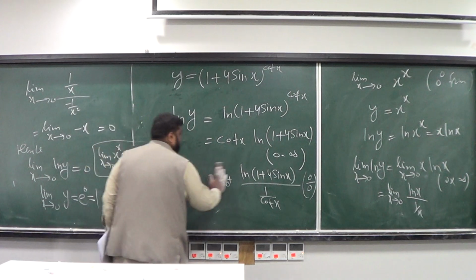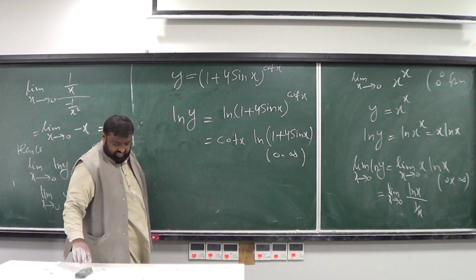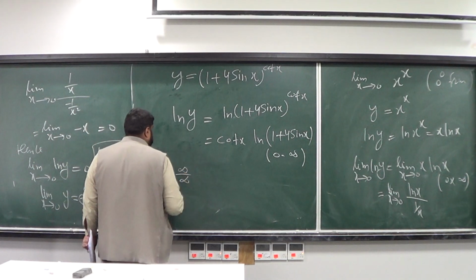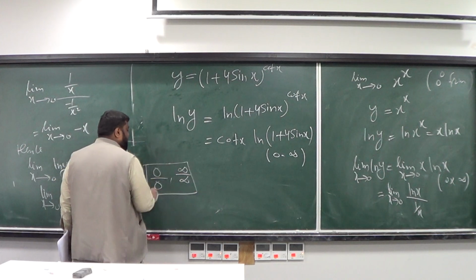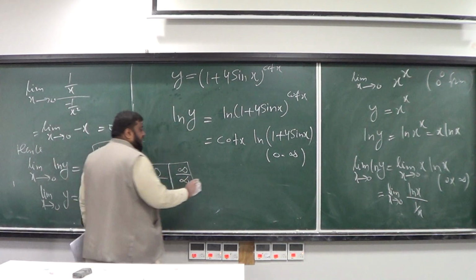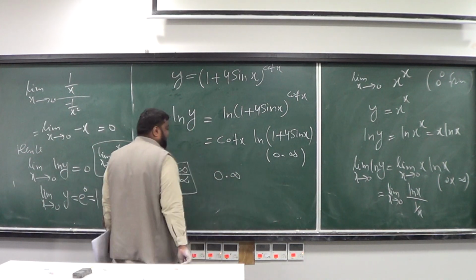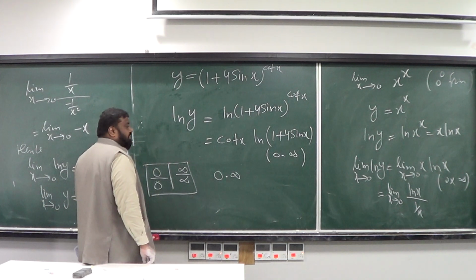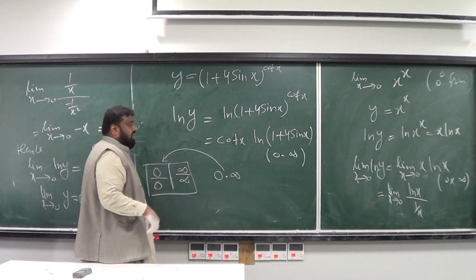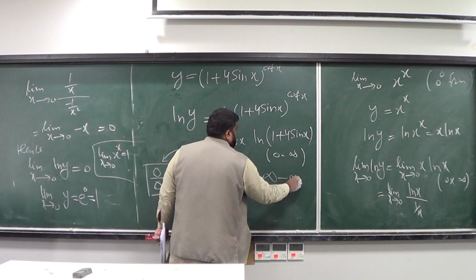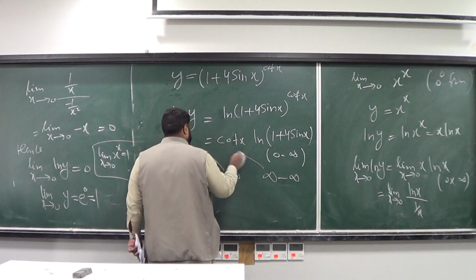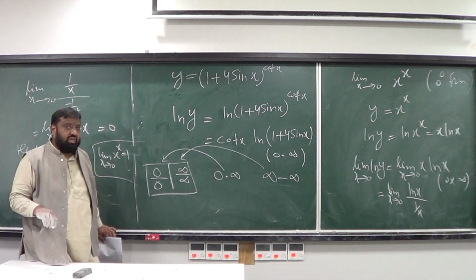So if I summarize, there are two basic forms, 0 by 0 and infinity by infinity. By the way, L'Hopital rule works only on these forms. You have to keep that in mind. But there are other indeterminate forms as well, like 0 times infinity. If you have such a form, try to convert it into 0 by 0 or infinity by infinity form. Or if you have infinity minus infinity form, try to convert it again into 0 by 0 or infinity by infinity form.